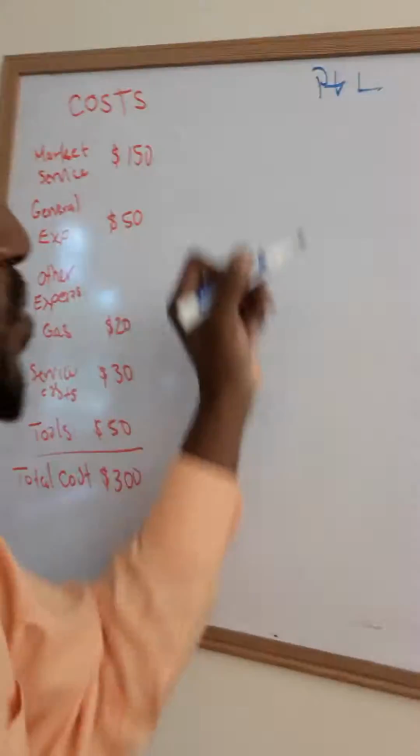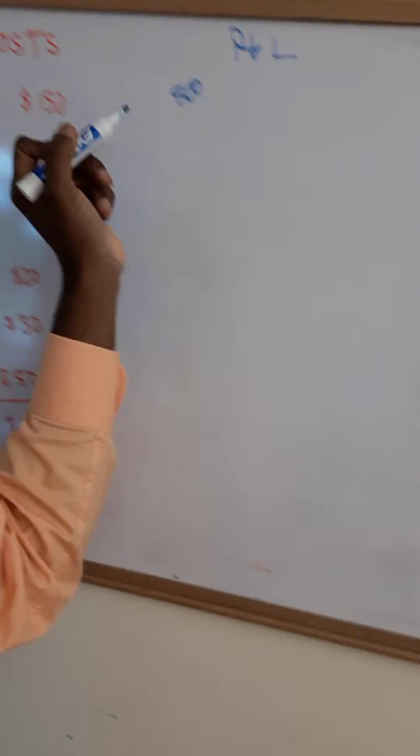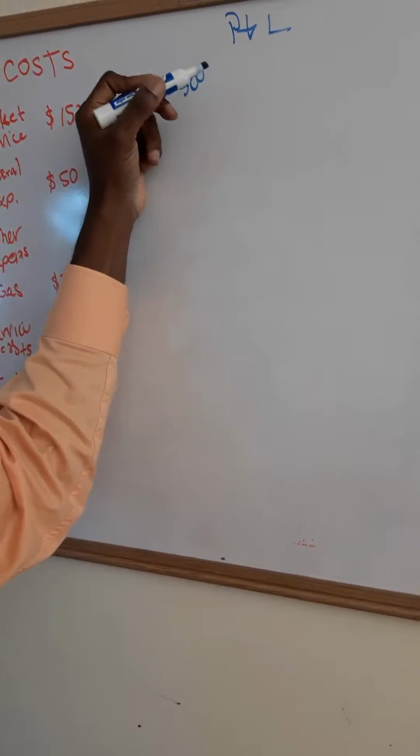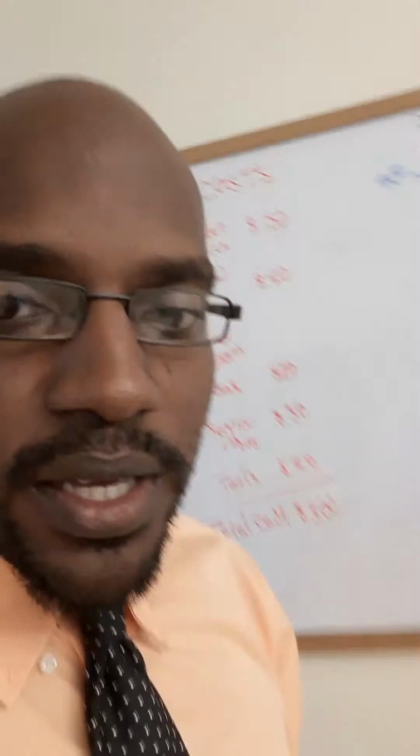We said that we made a sales price of $500 per hour, or per client hour. Let's say that now we had 10 clients in a given week. That gives us, for that week, $5,000 for that week.